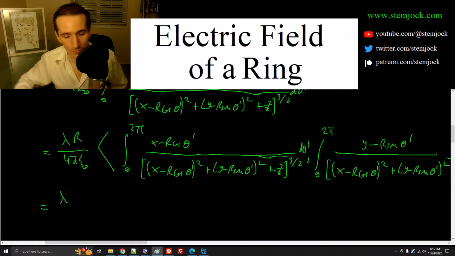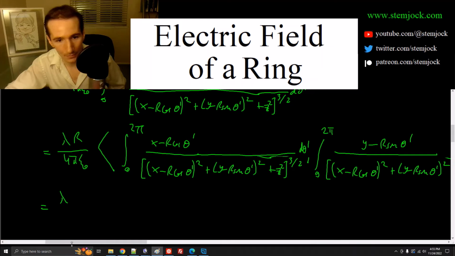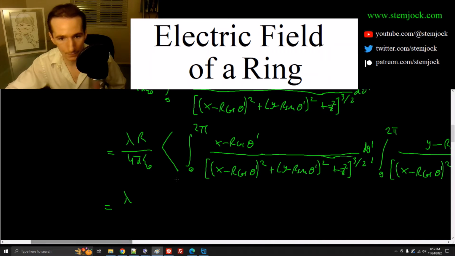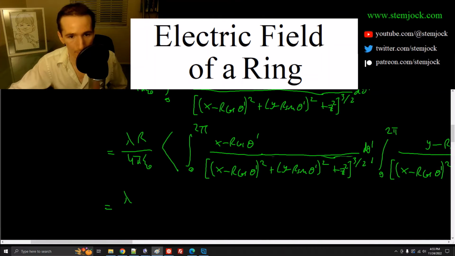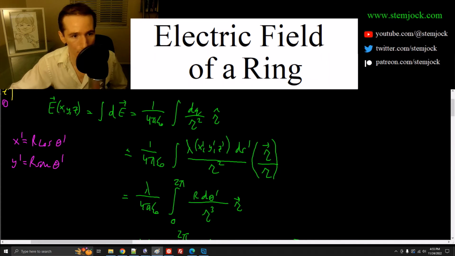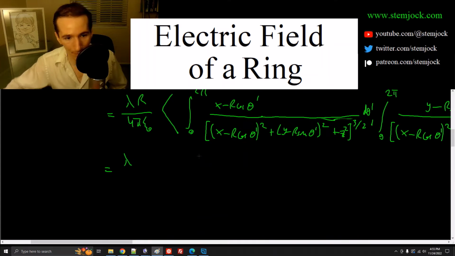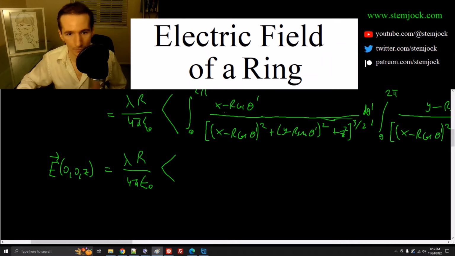So this formula here is for the electric field at a general point, that is at x, y, z. But now this here is going to be at 0, 0, z. So lambda r over 4 pi epsilon 0.